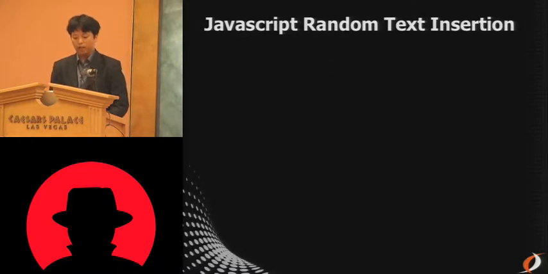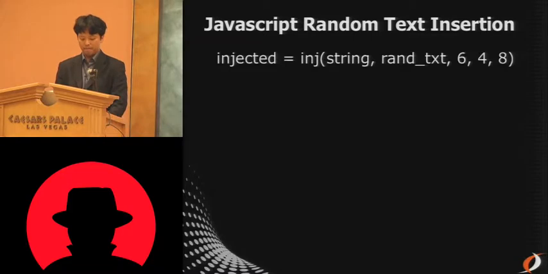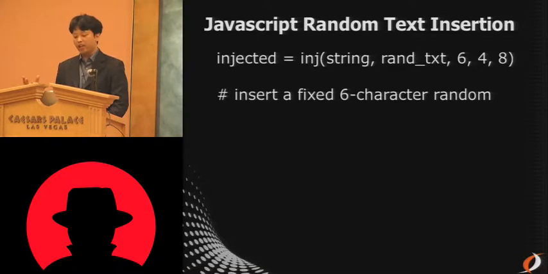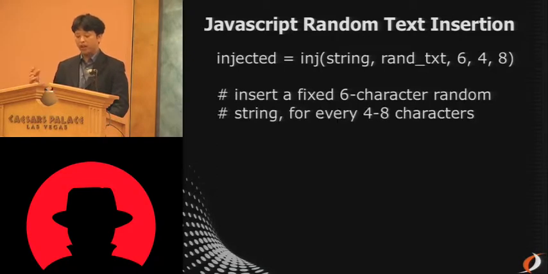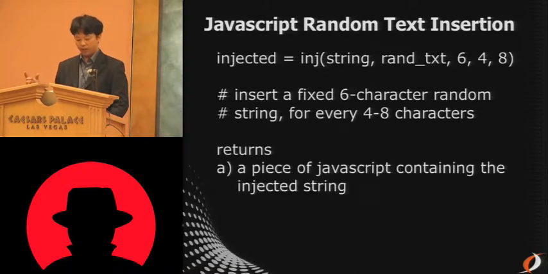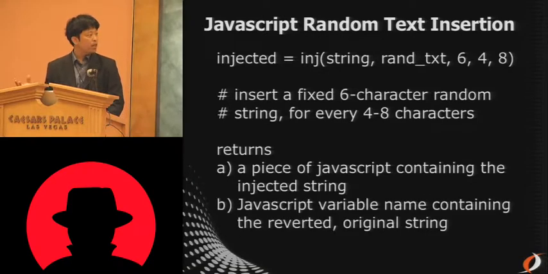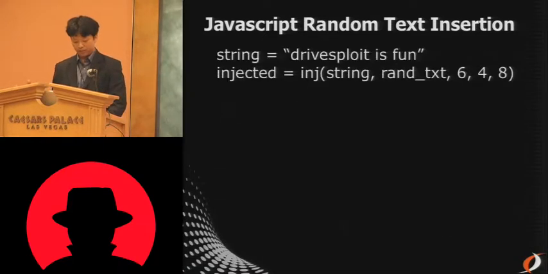Second is called JavaScript random text insertion. It's a very widely used technique, and it actually works very, very well. It takes a string as input, and you specify 6, 4, 8, as in this case. You're saying insert a fixed 6-character random string for every 4 to 8 characters. It returns a piece of JavaScript containing the injected string, and also a JavaScript variable name containing the reverted original string.